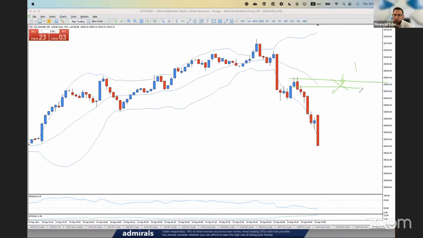If it approaches and shows a reversal price action, I will be looking to sell it. If it approaches and closes above, I will keep an eye on this one here, and trust me, somewhere here, a strong price action is likely to appear, and we can take a trade to the downside. Okay.